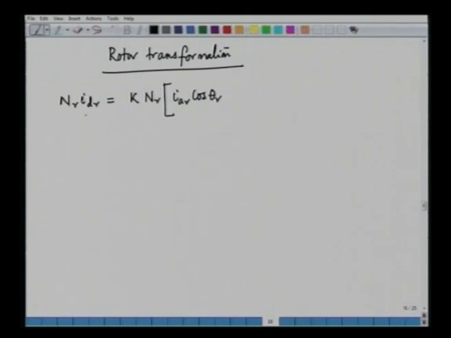That is why we have got in the left hand side NR IDR. In the right hand side, we can project the MMFs of ABC onto the D axis, plus IBR cos of theta r plus 2 pi by 3, plus ICR cos of theta r minus 2 pi by 3.